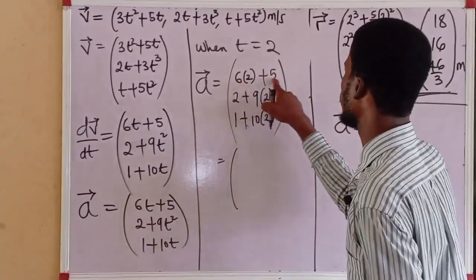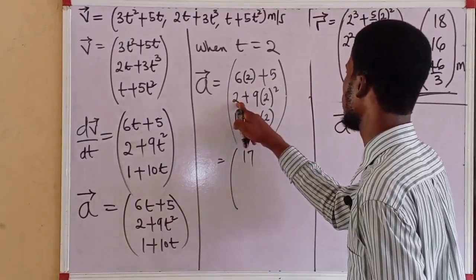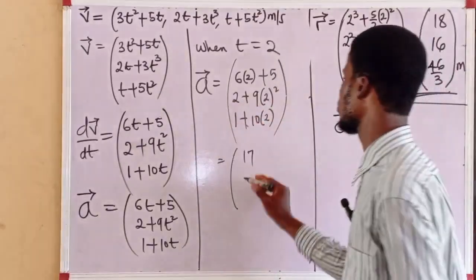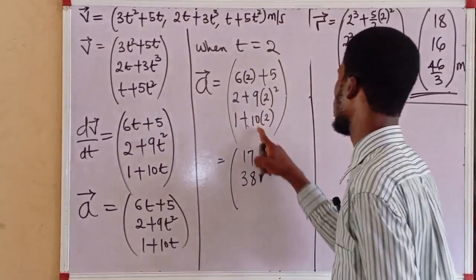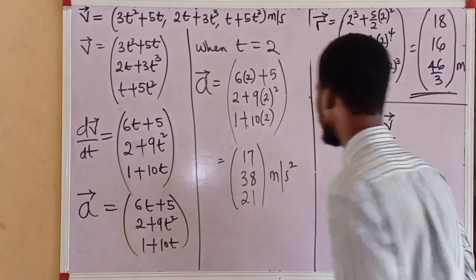This is 12, 12 plus 5 is 17. 2 squared is 4, 4 times 9 is 36, plus 2 is 38. 20 plus 1 is 21.